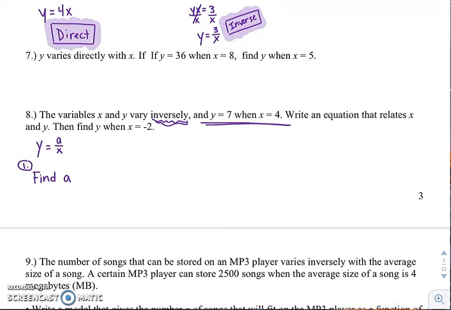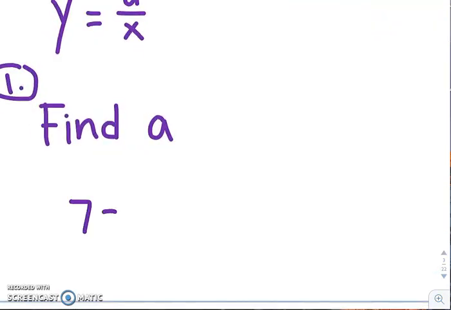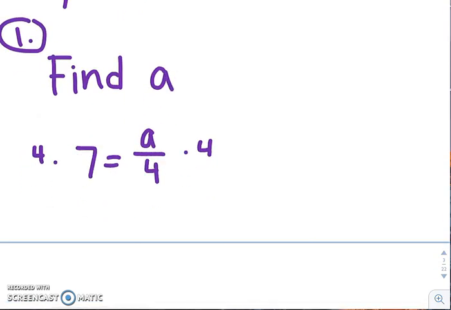So let's plug them in. So 7 equals a over 4. So if we're trying to solve for a, we multiply both sides by 4. And 28 would equal a. So that's the number that always stays the same.